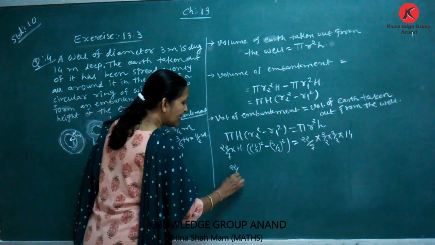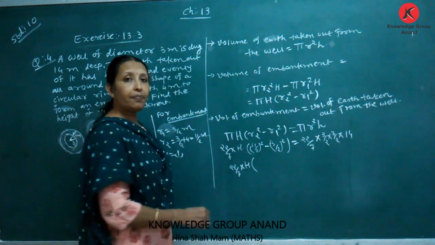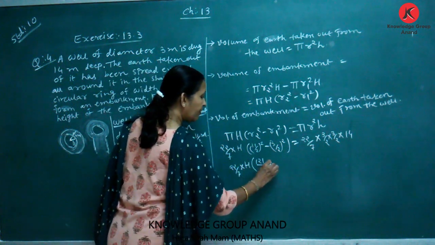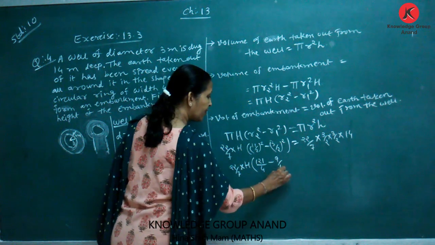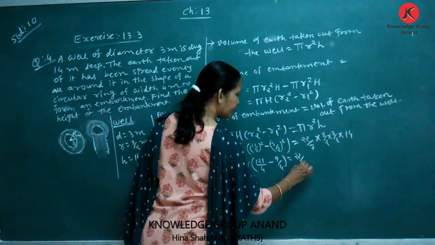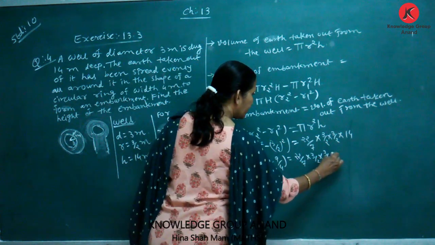Now 22 by 7 into h into (121 by 4 minus 9 by 4) equals 22 by 7 into 3 by 2 into 3 by 2 into 14.